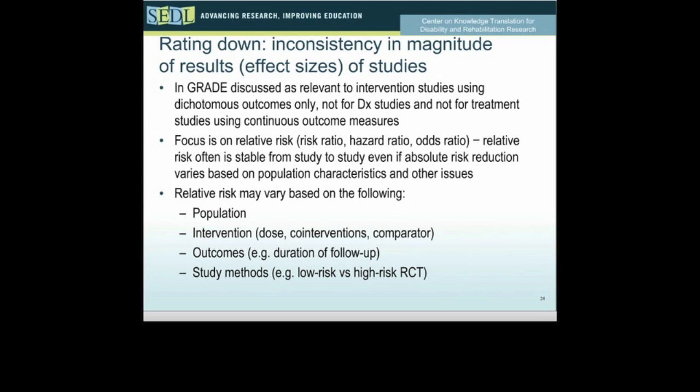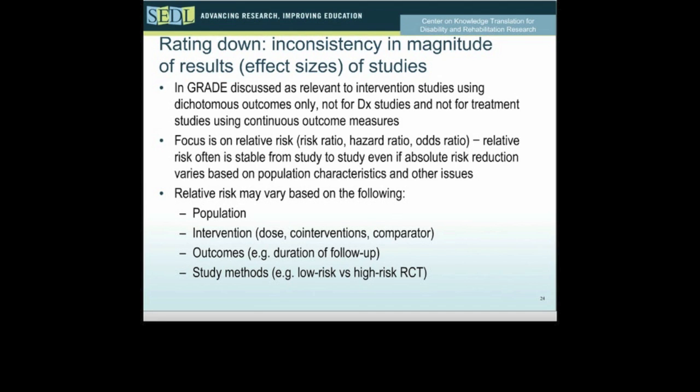Study 2 has a large number of cases, but finds that intervention and comparator have about the same effect. The effect size is close to 1. And then there's a study 3 that finds that the comparator has better outcomes. Well, what do you do there?